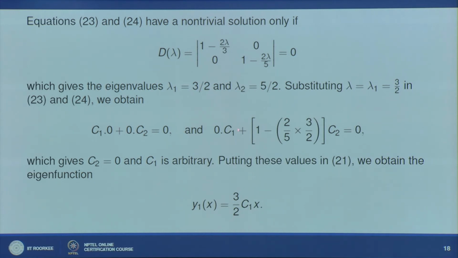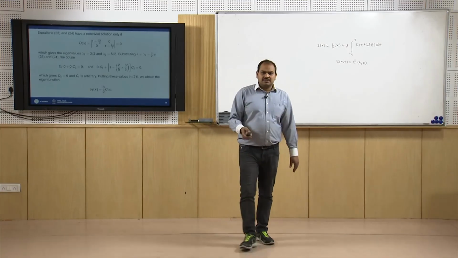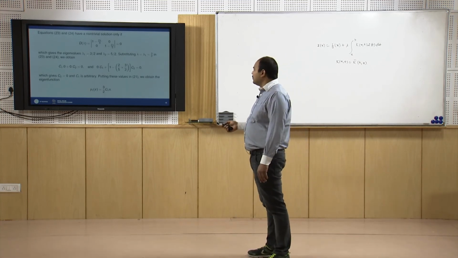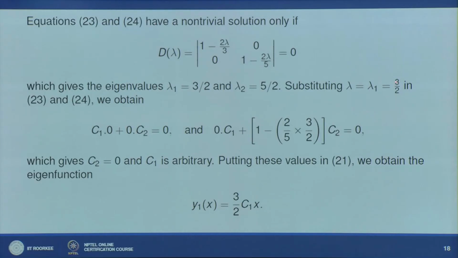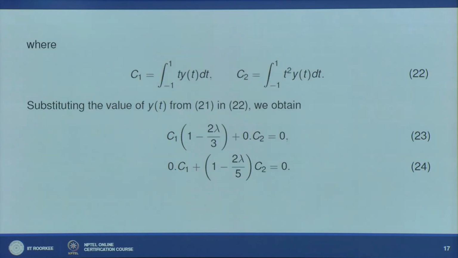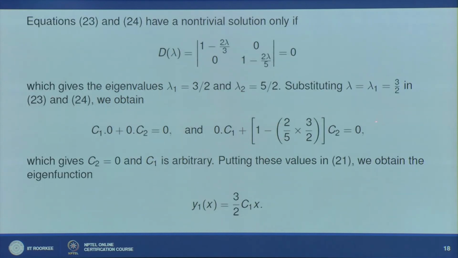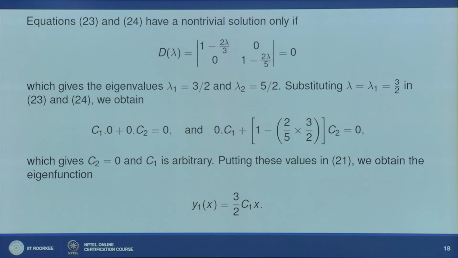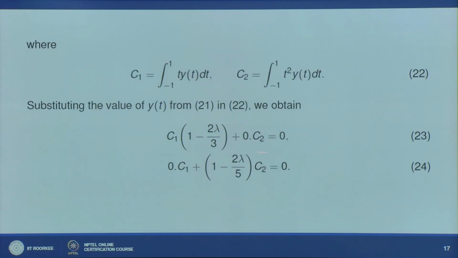So eigenvalues we know, then we need to find the corresponding orthonormalized eigenfunctions. Let us start with the first, that is lambda equal to lambda 1, that is 3 by 2, and try to solve 23 and 24. When you put lambda 1 equal to 3 by 2 in 23 and 24, the first equation 23 is simply redundant because this quantity is 0, so 0 times c1 plus 0 times c2 equal to 0.